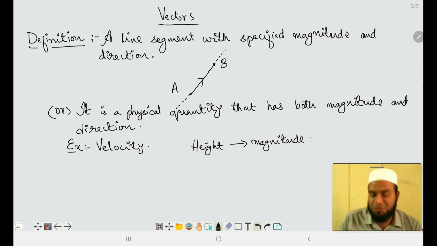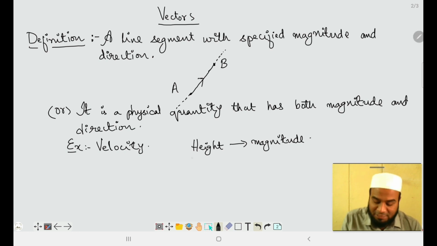Consider the height of a person. I can say that my height is 5 feet 9 inches, that's it. I cannot say that my height is 5 feet 9 inches in the upward direction or in the downward direction. I cannot give direction to height. So that's why height is a scalar quantity.